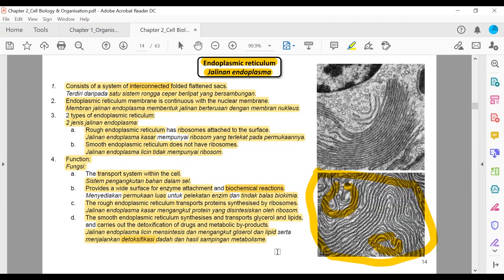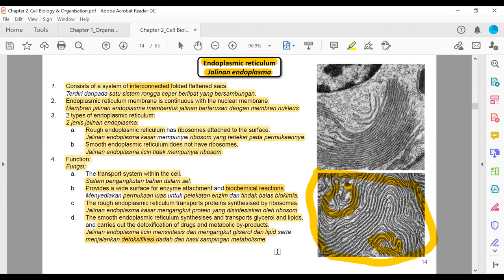So SER akan detoxify dadah tersebut, detoxify Panadol tersebut. Maknanya dadah tersebut akan ditukarkan menjadi satu bahan yang kurang berbahaya. Then those things will be gotten rid of from the body. Kemudian bahan itu akan dibuang keluar daripada badan kita.